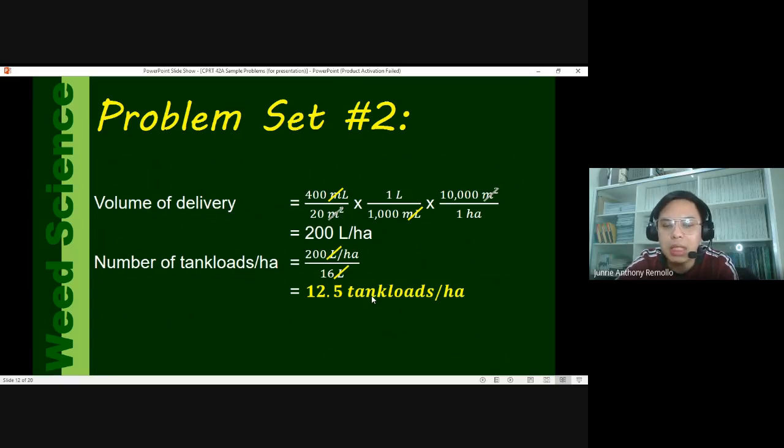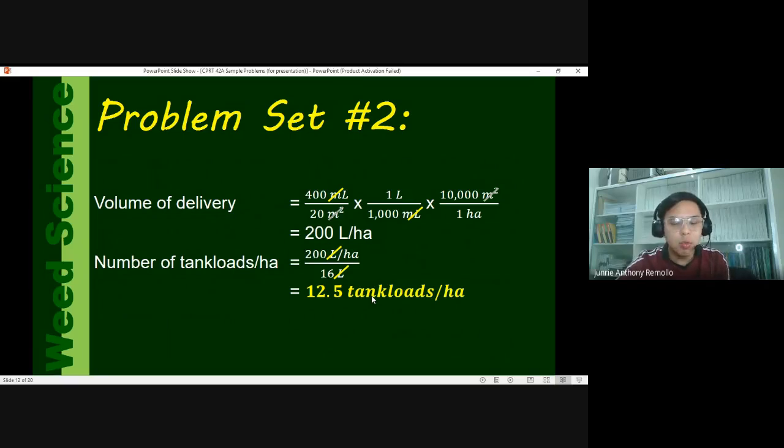So what remains are the liters and the hectares. Based on the slides that I showed earlier, it conforms to the right unit for the volume of delivery, which is liters per hectare. So you need to remember it in order to guide you in coming up with the right answer.